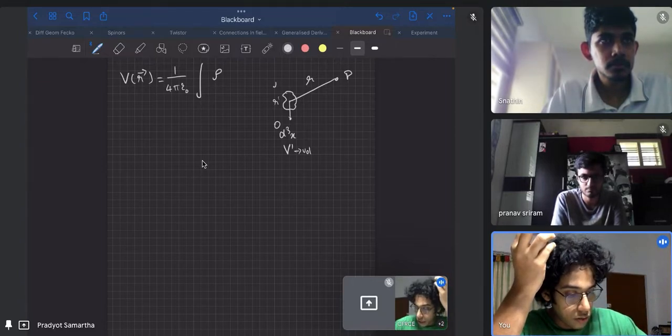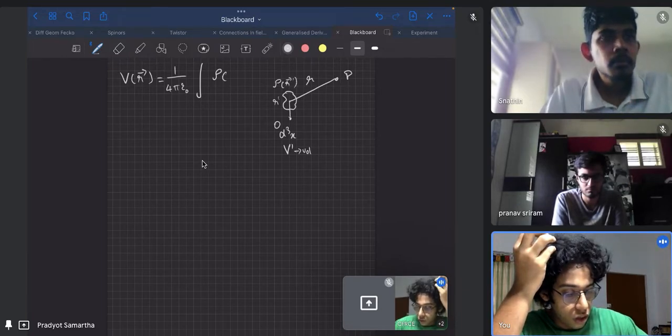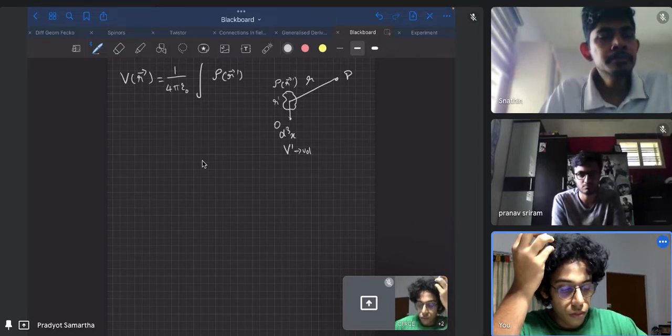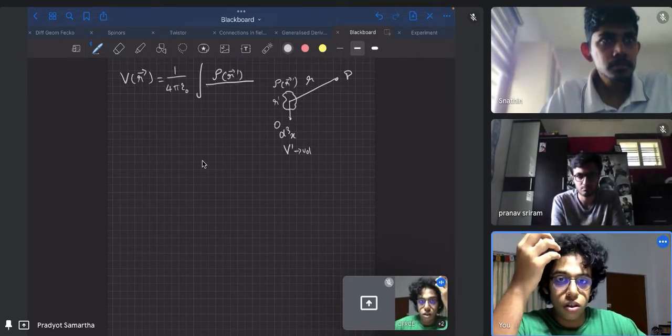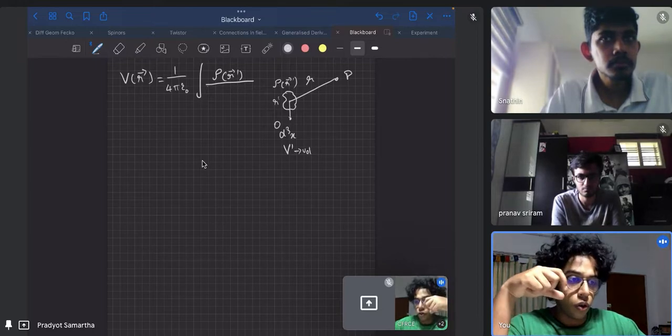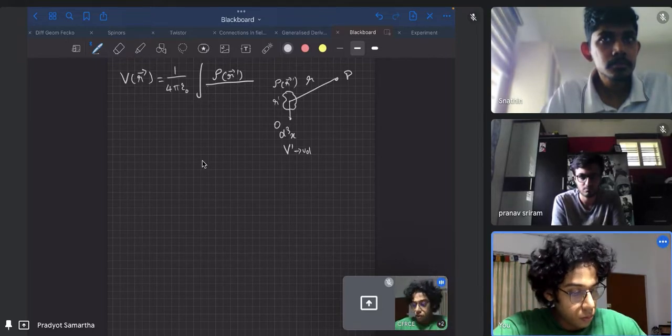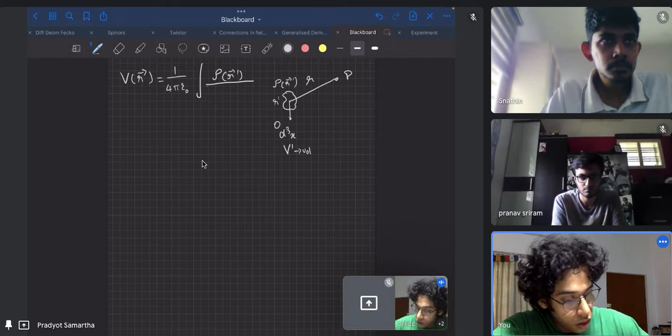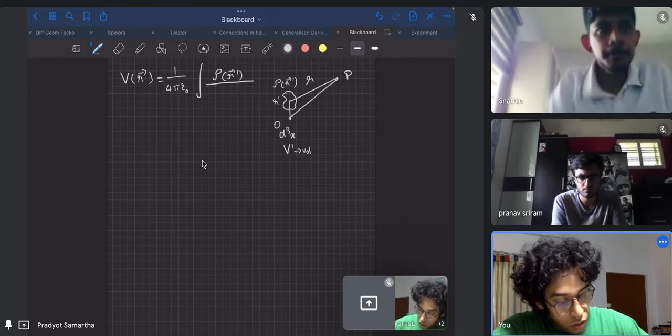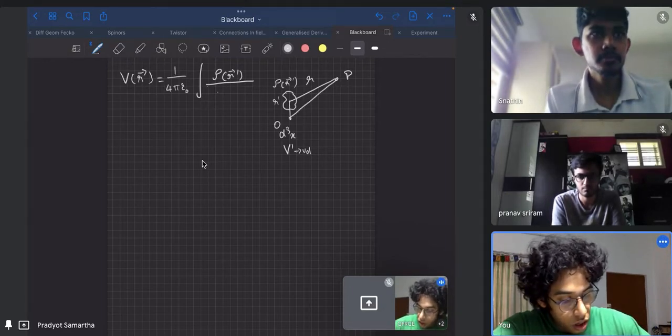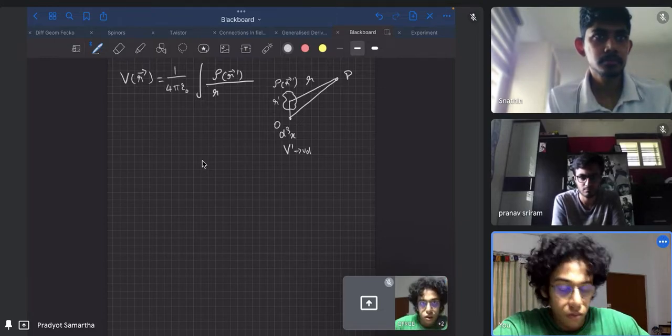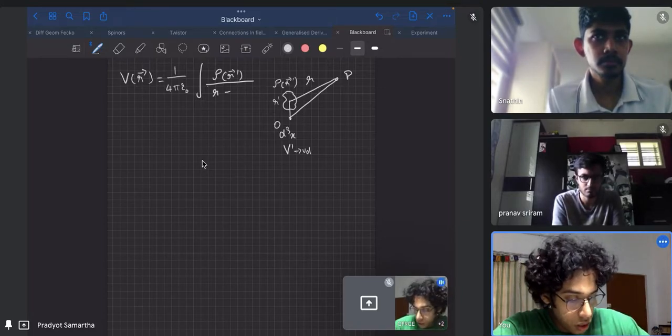Obviously this has to have some charge density rho, a function of r prime, divided by the separation, by this vector r minus r prime.